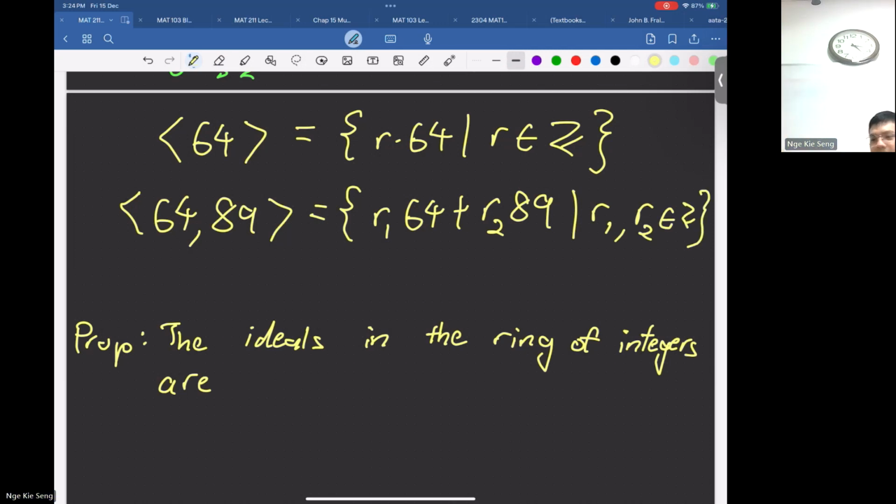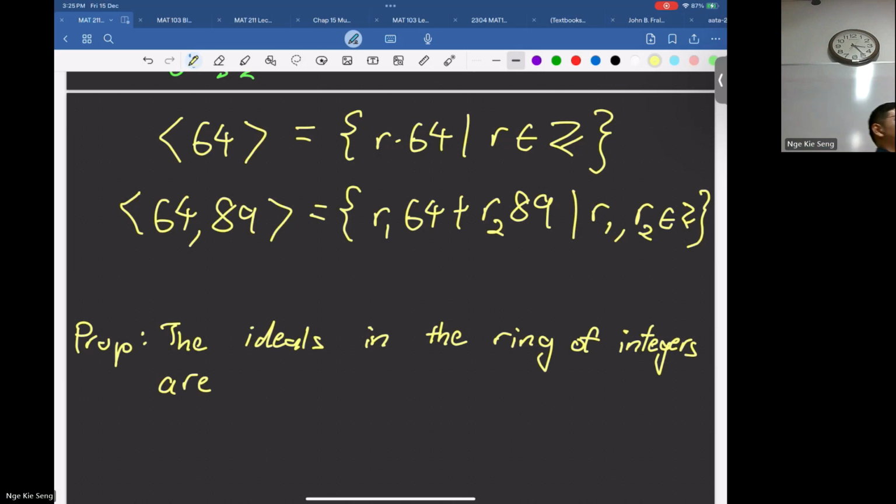But 89 is what kind of number? Okay, it's a prime number here. But what about prime here? It can generate the whole integers.